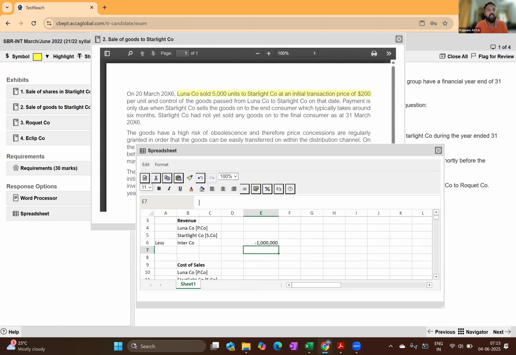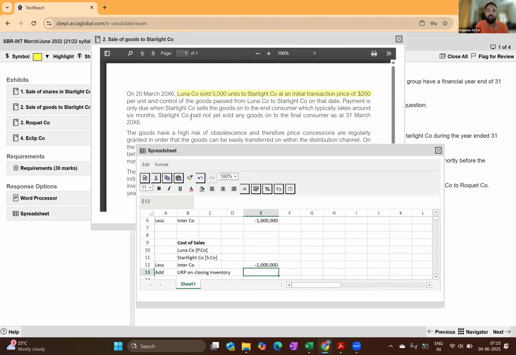So it is an intercompany sale for the parent, whereas Starlight, the subsidiary company, is purchasing it. It's an intercompany purchase. It should also be deducted. So the intercompany sale should be deducted from sales, and for the other company it is a purchase, it will become intercompany purchase. It should be deducted from cost of sales. So we have done that.